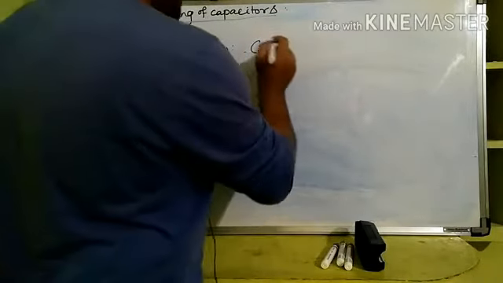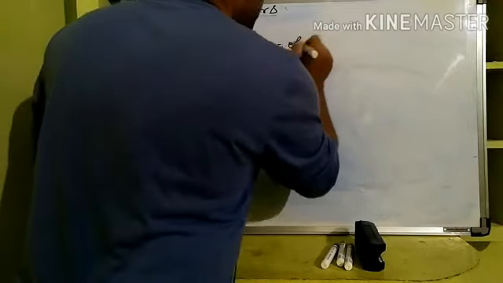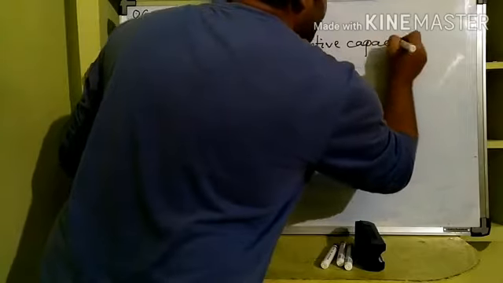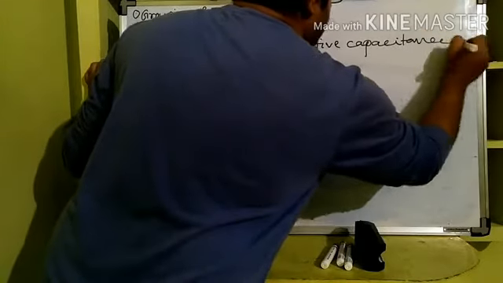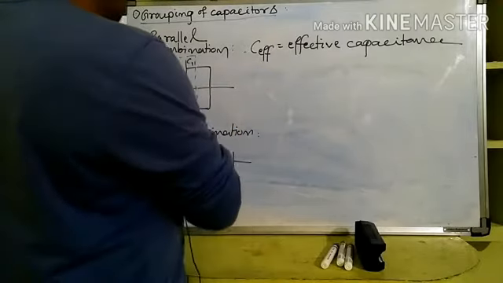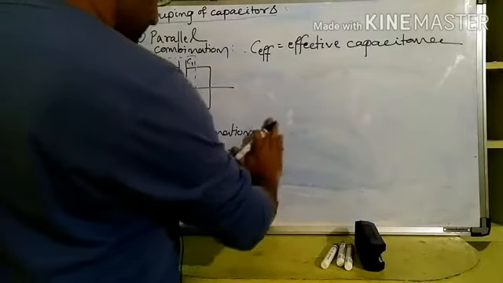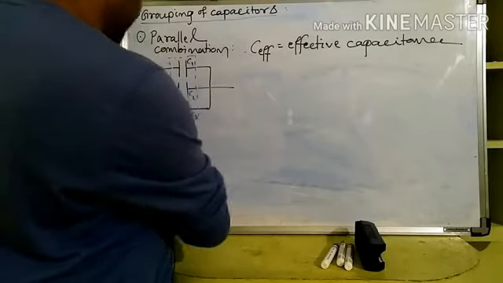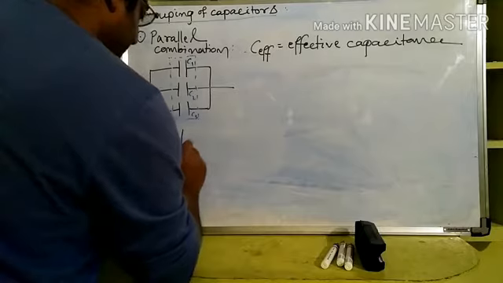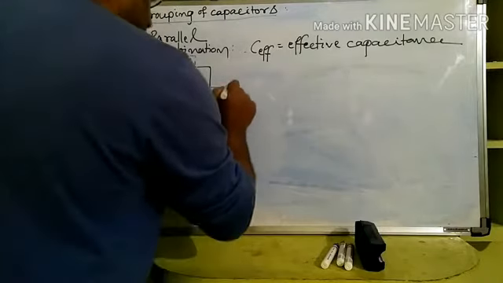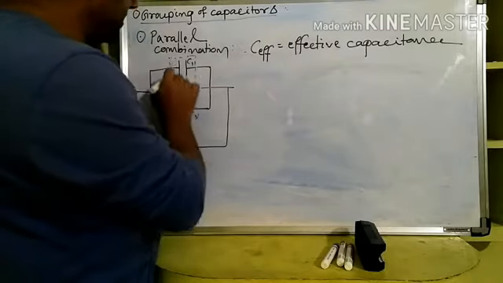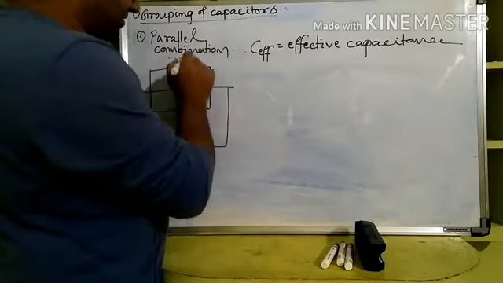C effective is the effective capacitance of these three. Let us say this is charged with a battery. Whatever charge is given to this will be distributed in all the three, right?